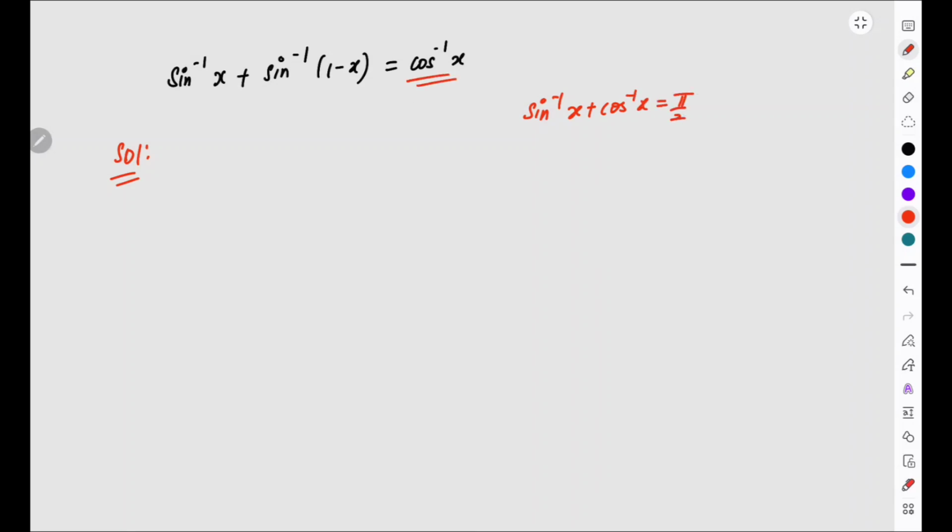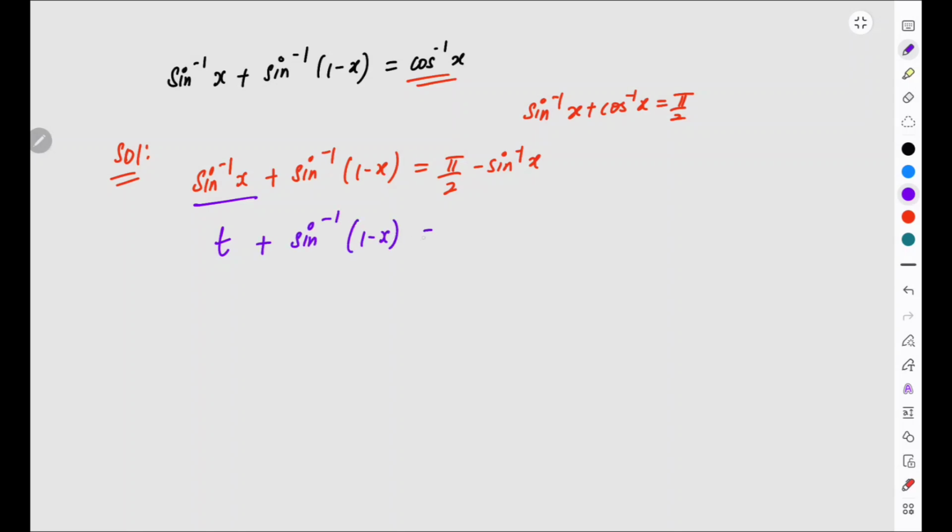So we can replace this cos inverse of x: sine inverse of x plus sine inverse of (1 minus x) is equal to pi by 2 minus sine inverse of x, right? After that, again we will replace this one as t. So okay, we'll consider sine inverse of x is equal to t, plus sine inverse of (1 minus x) is equal to pi by 2 minus t.